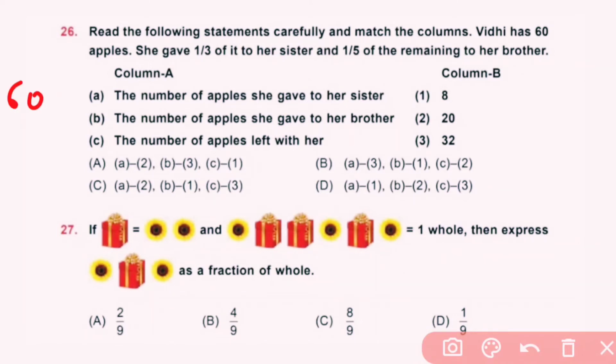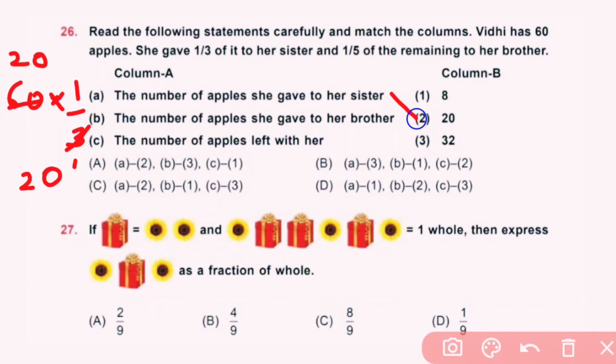And out of 60 she gave her sister 1/3 of apples. So into 1/3 means 1 by 3. Here 3 ones are 3, 3 twos are 6 and 0 means 20 apples she gives to her sister. For A, 2 is correct.